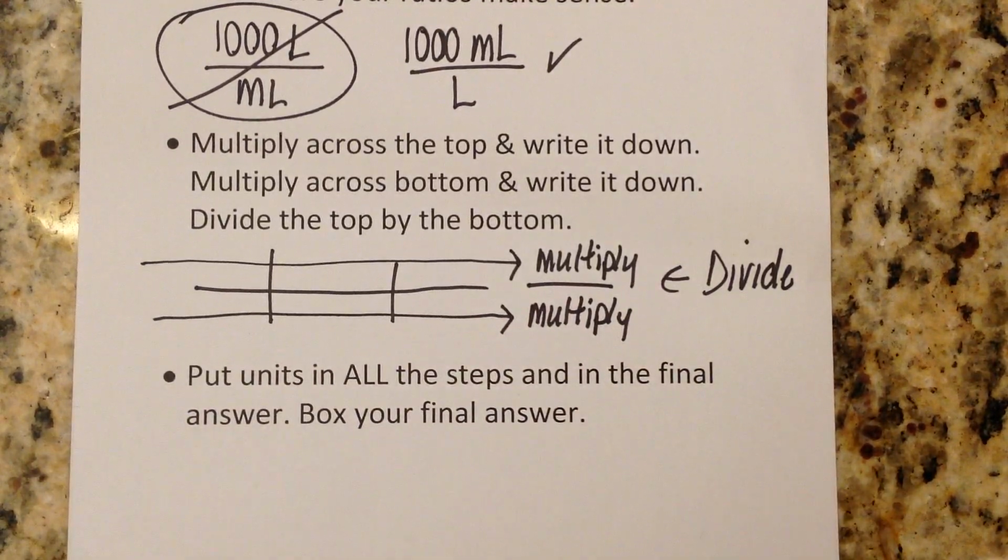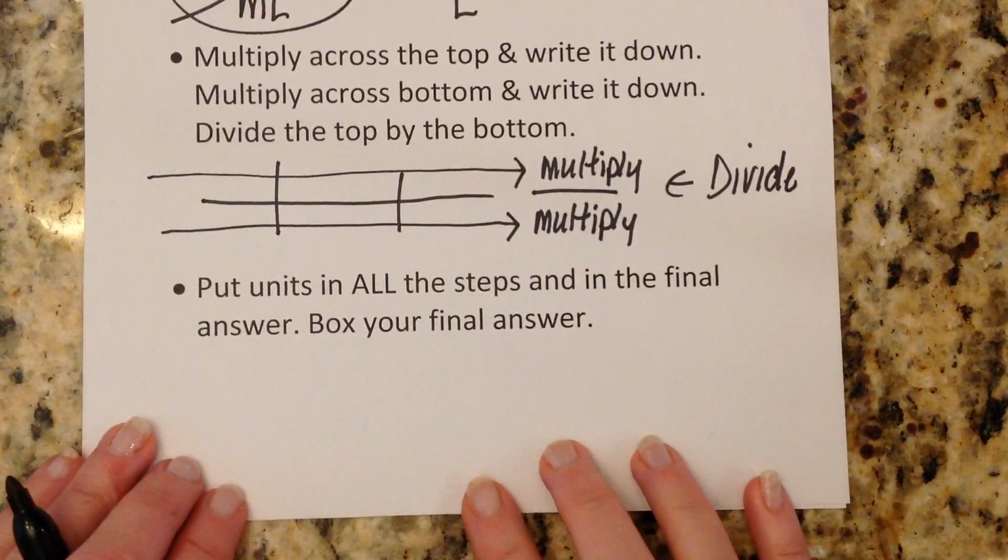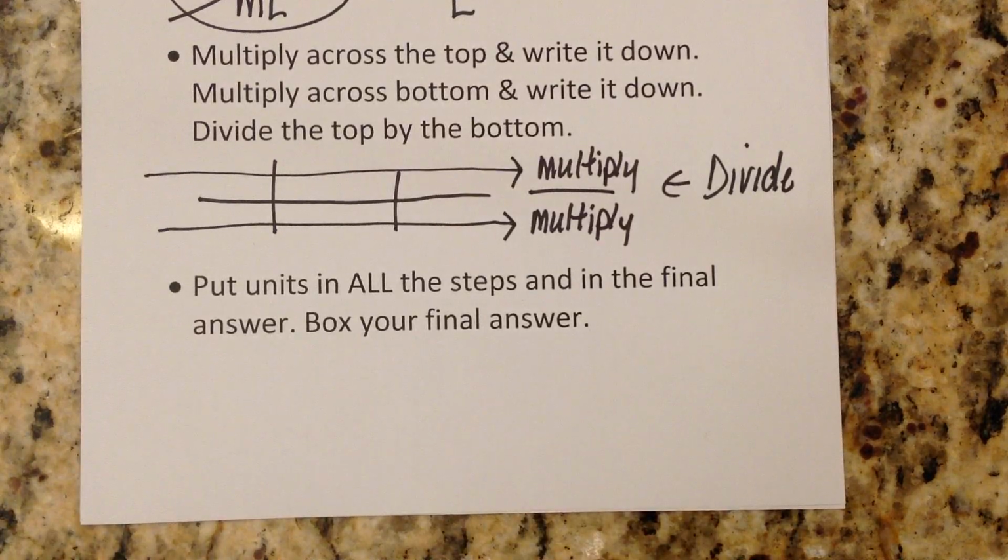I see a lot of mistakes with real smart students with calculators because in their head they know what they're doing, but sometimes the calculator is not understanding what you're trying to tell it. And last thing, put units in all the steps. I cannot stress that enough.